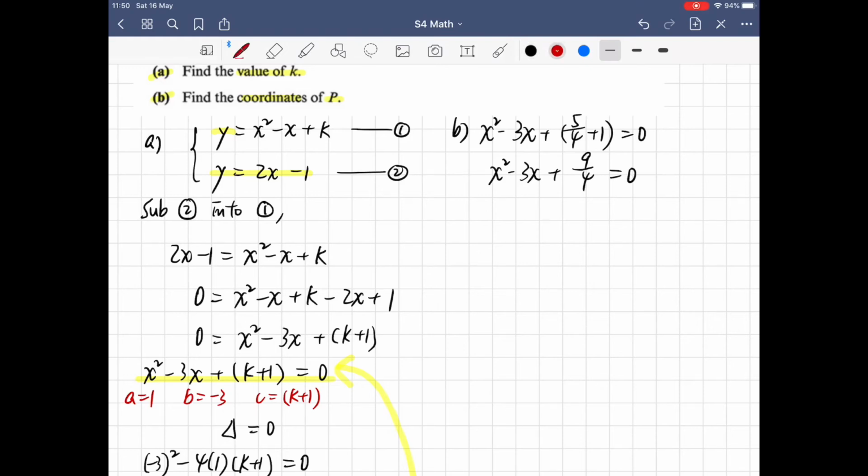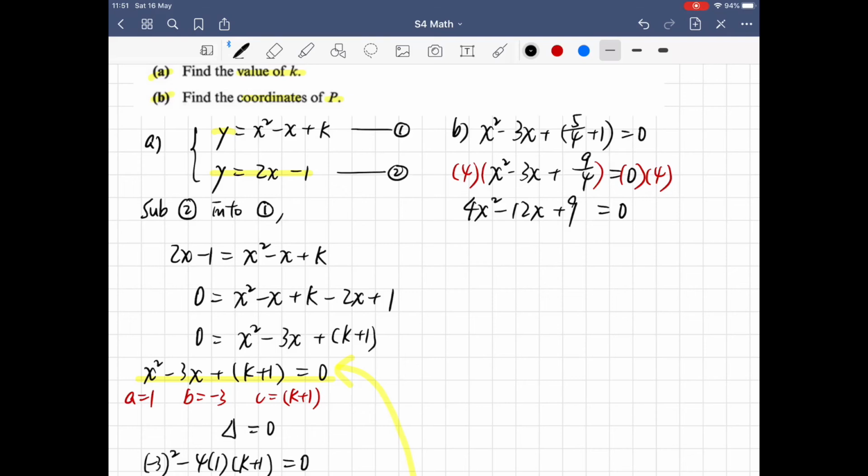Be careful, as now there is a fraction here, so we have to multiply both sides by 4 to remove the denominator. And therefore we have 4x squared minus 12x plus 9 equals 0.